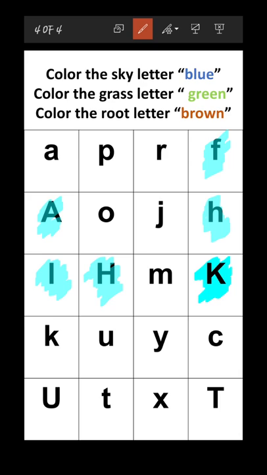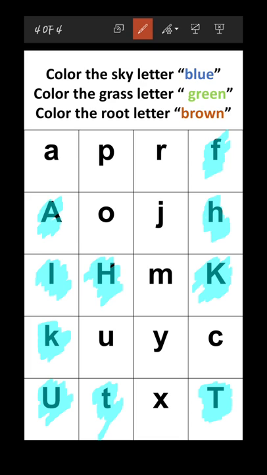And lowercase letter k is also a sky letter because they both can come in first three lines, right? Now capital U, uppercase U is also a sky letter because it's capital. It can come in first three lines. Now the lowercase t can come in first three lines, and the uppercase letter T will also come in first three lines.